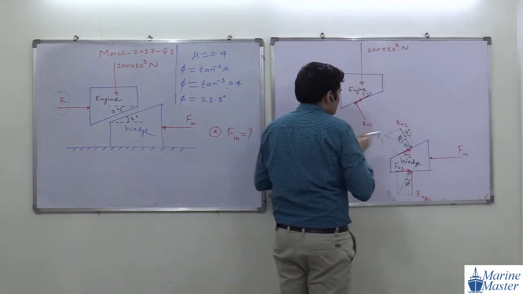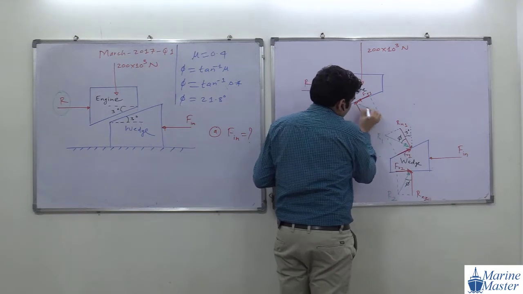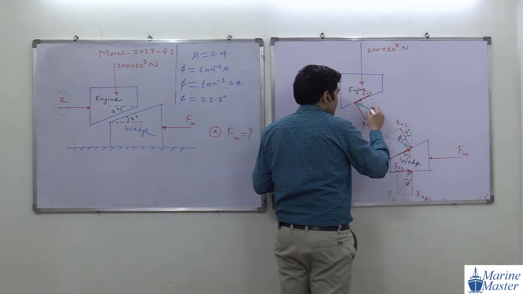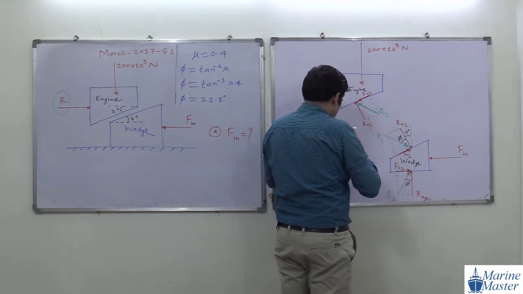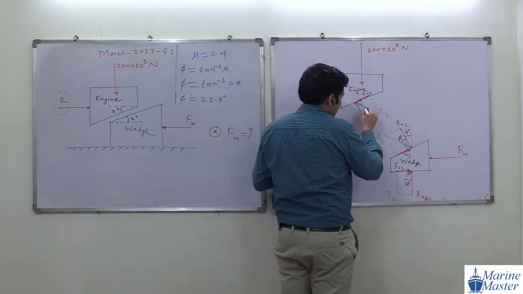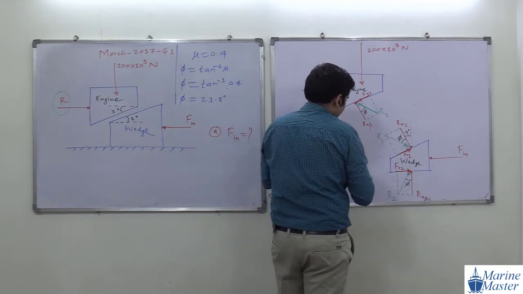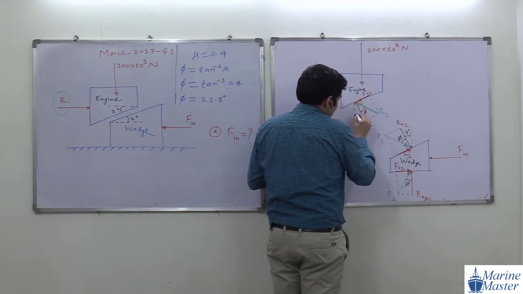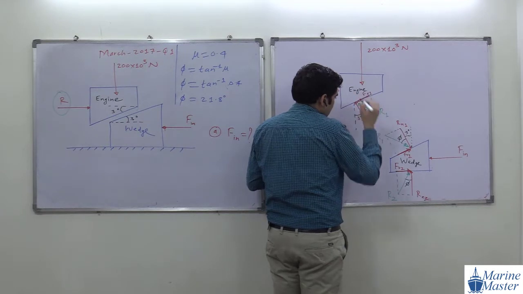See, same as the previous question. This is again our resultant reaction, and we give it the same name, R1. Then this angle will be phi. And with respect to the vertical, this angle will be 3 degrees.